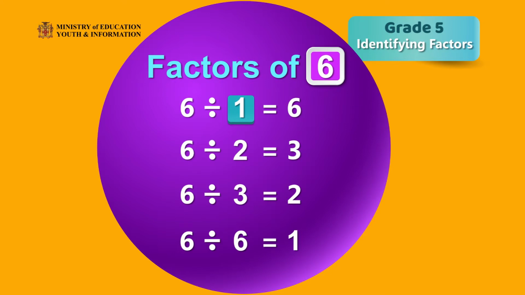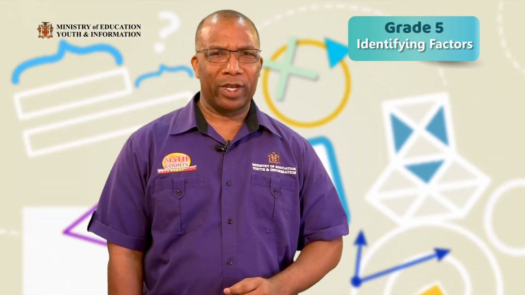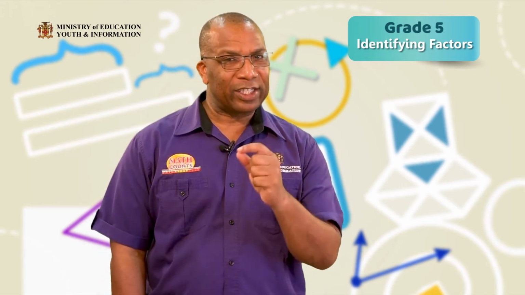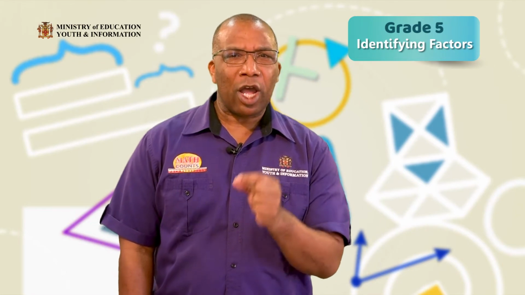Hence, 1, 2, 3, and 6 are all factors of 6. You may be wondering how we arrived at these factors. Follow me as we discover how to find factors of a number.